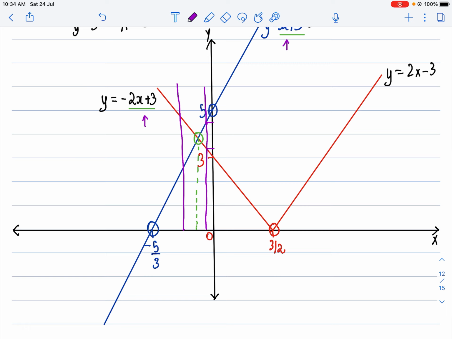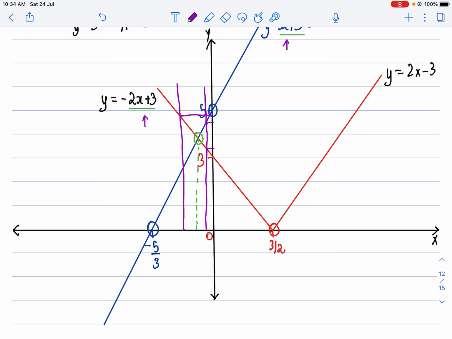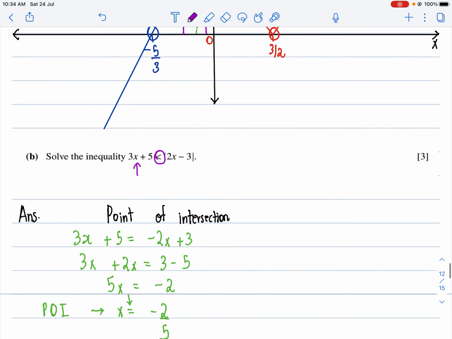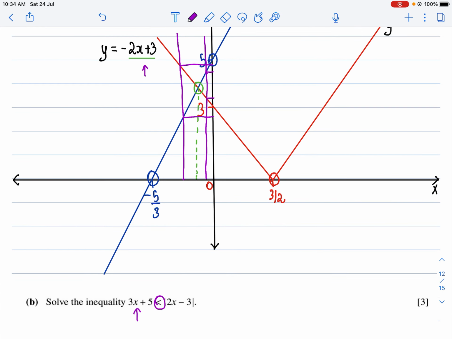Correct? Obviously. So if I see here, the y coordinate of the red line is more than the y coordinate of the blue line. Agreed? And that's what we need, because I need the modulus function to be more than the linear function. So basically, where does this x coordinate lie?